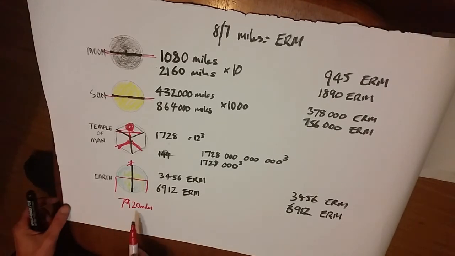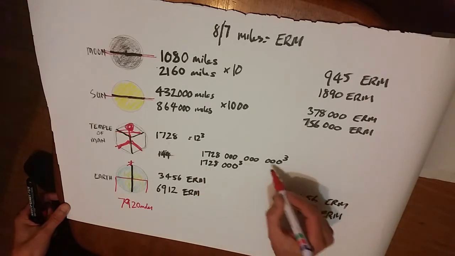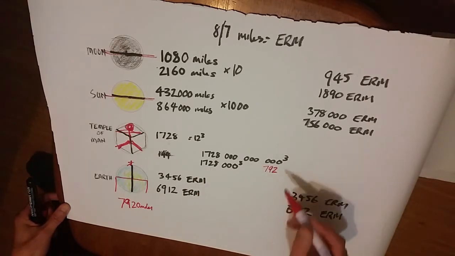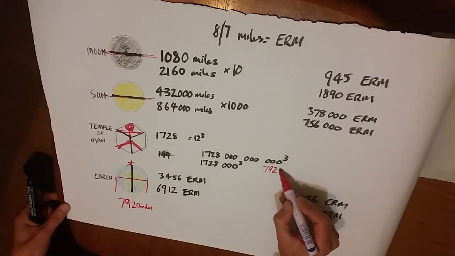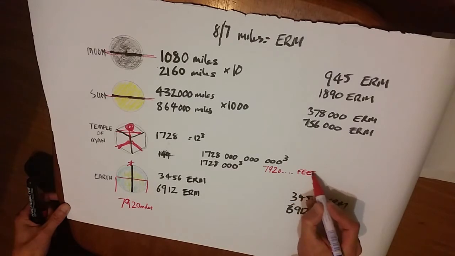Now, I covered this particular number and how it relates to systems of measurement such as Gunter's chain, 66 feet being 792 chain, but also the edge length of New Jerusalem is 79,200, I forget the amount of zeros, feet.